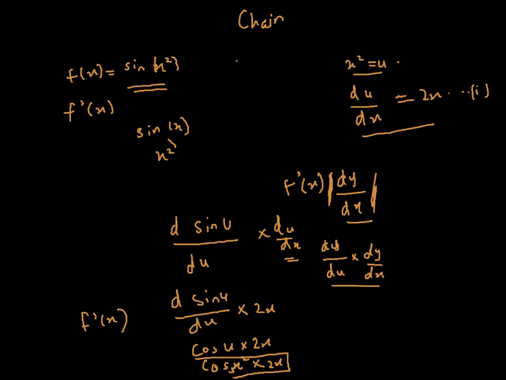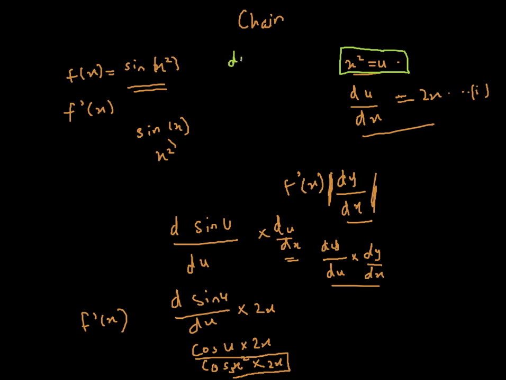The rule says that if you have a function which is a combination of two differentiable functions, then you just take the inner function as some variable, you substitute it, and then you find the derivative of that.